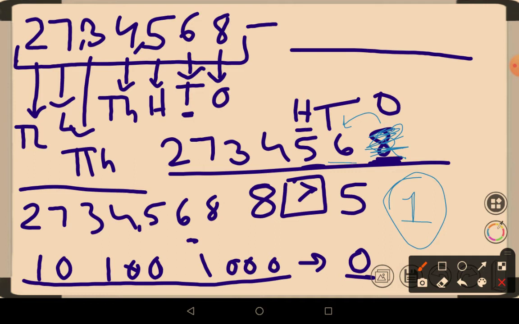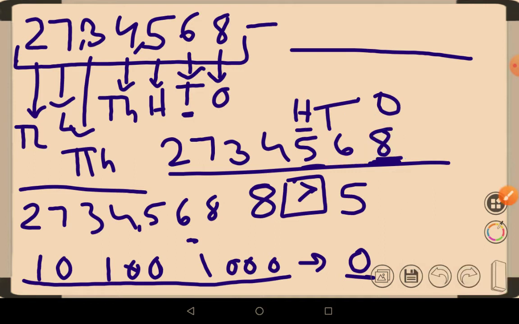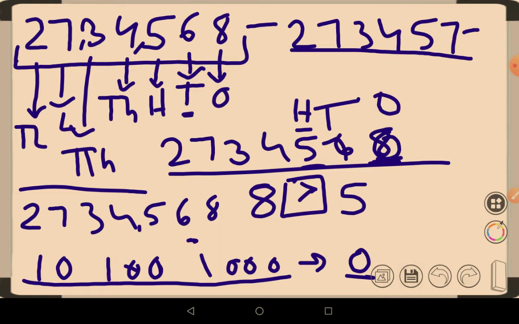So it was in near distance. I will give it to 6. So what will the number be then? My number will be, instead of 6, there will be 7, and instead of 8, there will be a 0. So my value will be 273470.